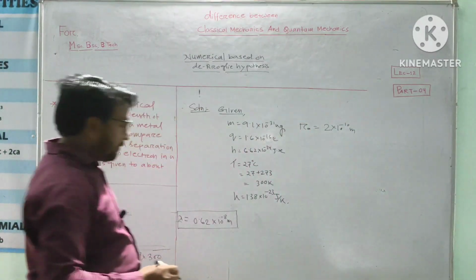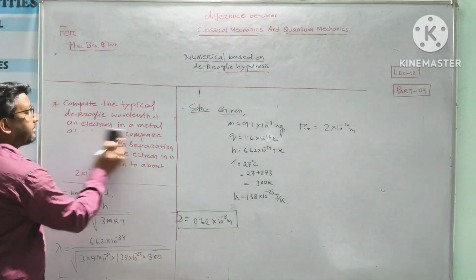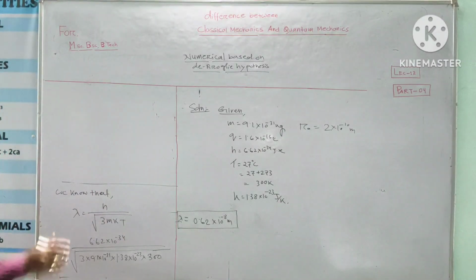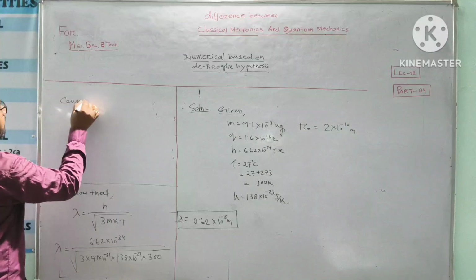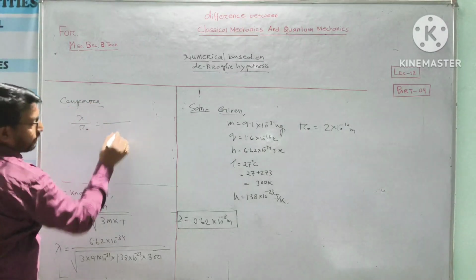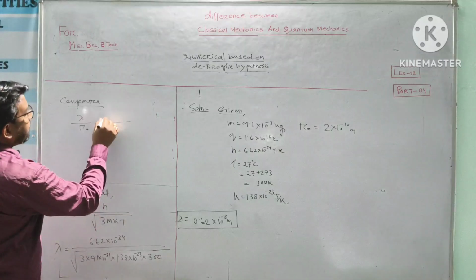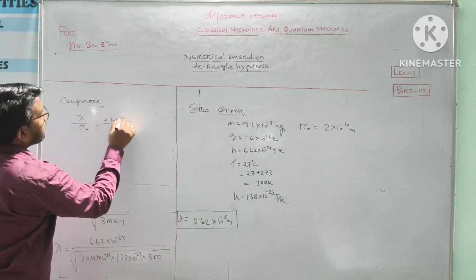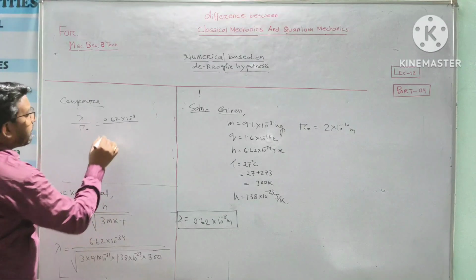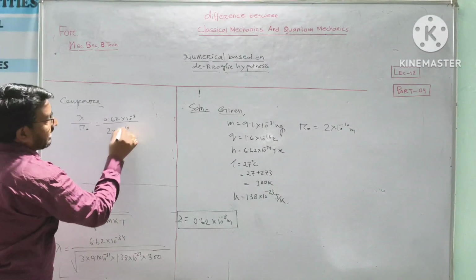So we are going to compare between two values. Lambda divided by R naught equal the value of lambda, that means wavelength, 0.62 into 10 to the power minus 8, divided by R naught 2 into 10 to the power minus 10.